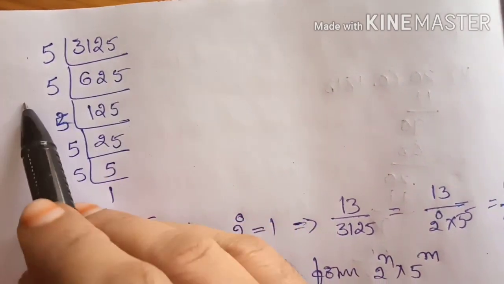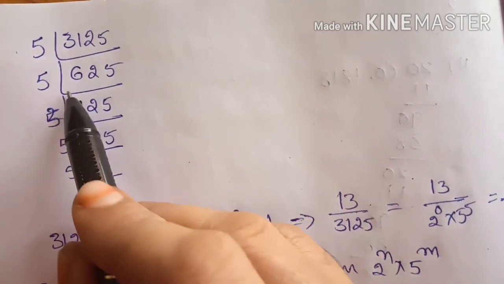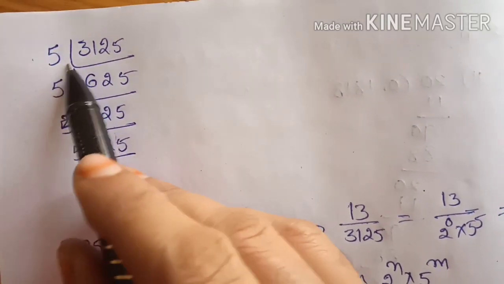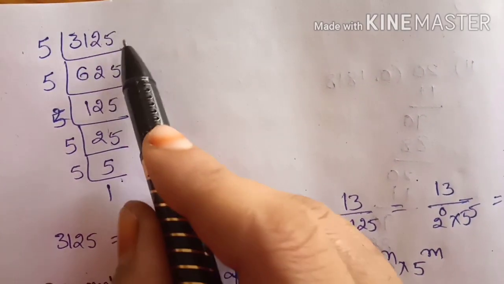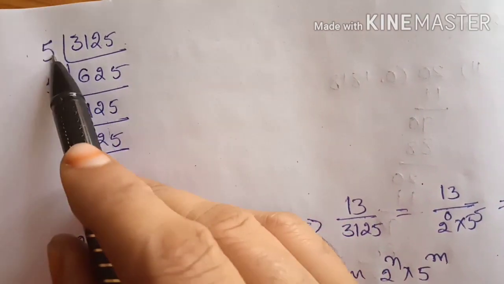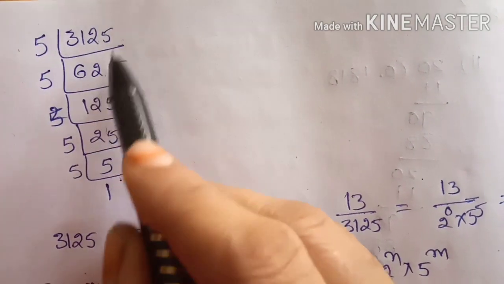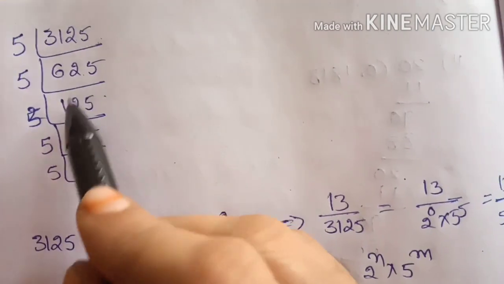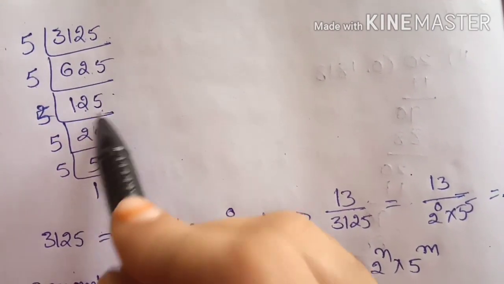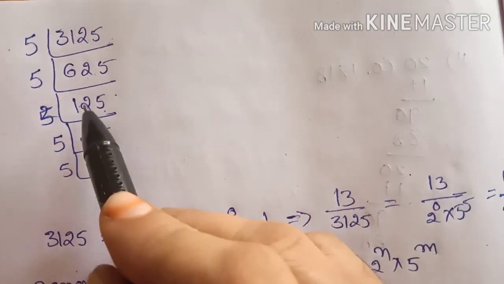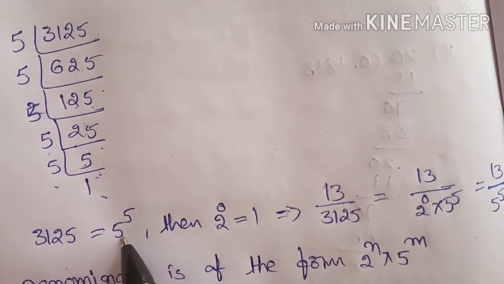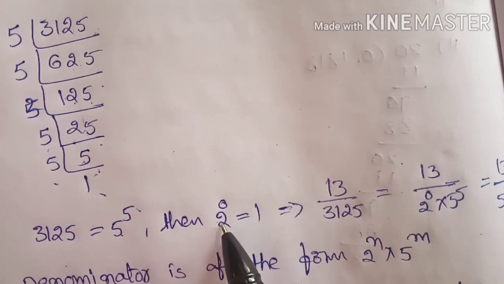13 by 3125. First you write the prime factorization. Only 5s, since the units place is 5, we will divide by 5. 5 1s are 5, 5 2s are 10, 5 5s are 25. How many 5s? 5 power 5. Then 2 power 0.